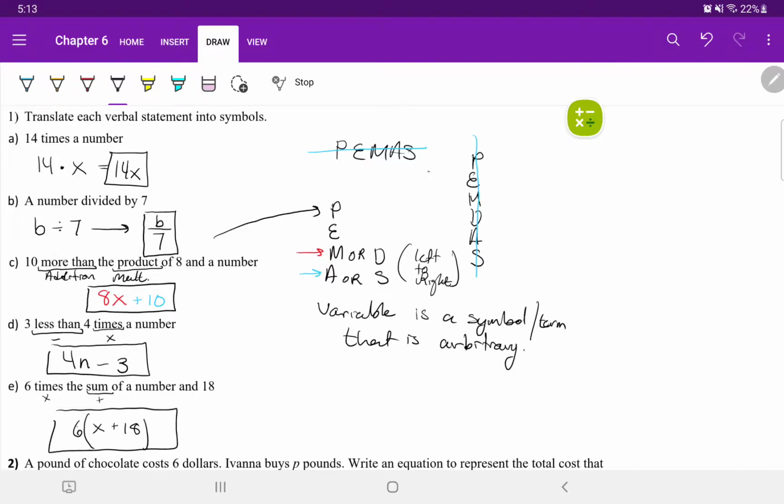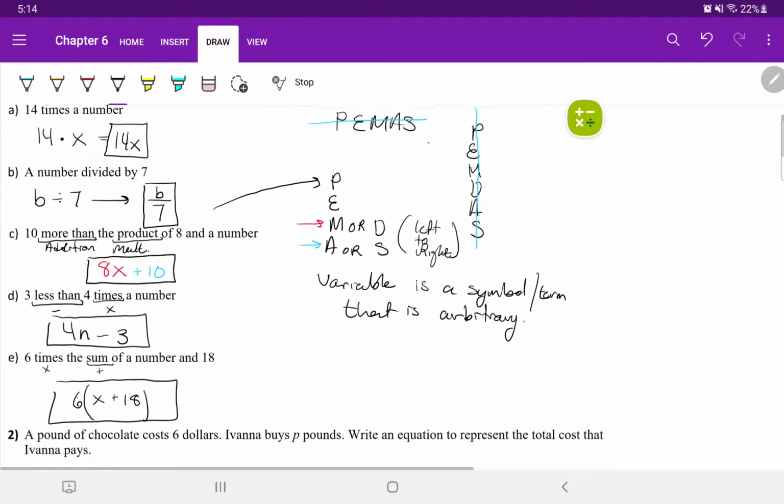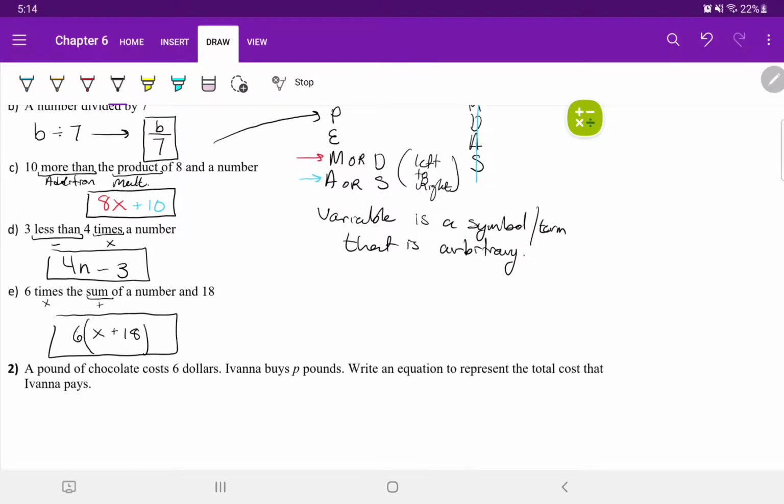We're now going to do one more for this video, and then we're going to transition into the next part of the lecture. If you understand this, then answering number 2 should make sense. And number 2 is one of those Alex questions that I took from Alex to include into the lecture. It says, a pound of chocolate costs $6. Ivana buys P pounds. P is arbitrary.